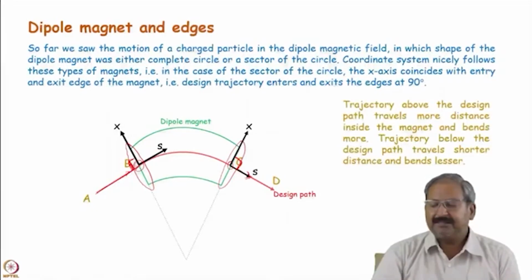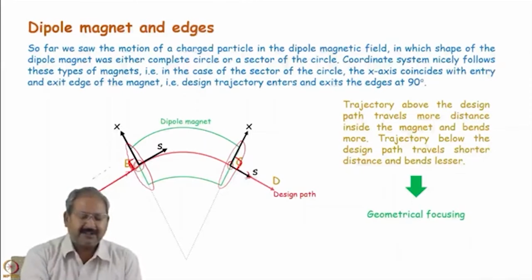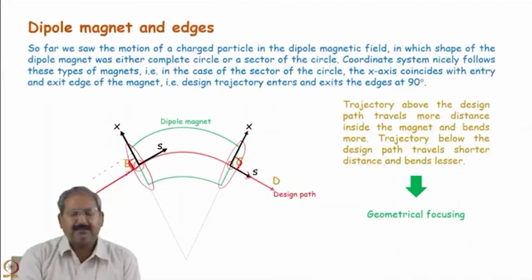Now what happens in this case? In this case we have seen that a trajectory which is deviated, coming for positive x, having some non-vanishing deviation from the design trajectory, will have a longer path in the magnet, so it will bend more.